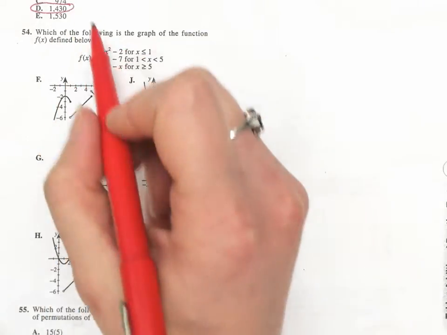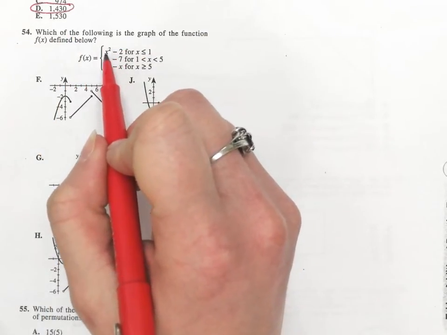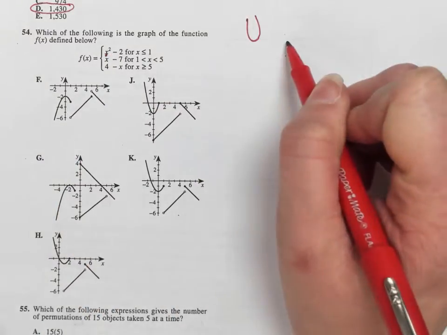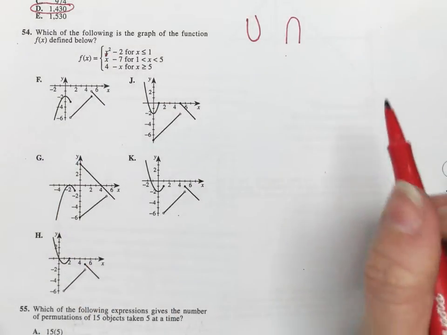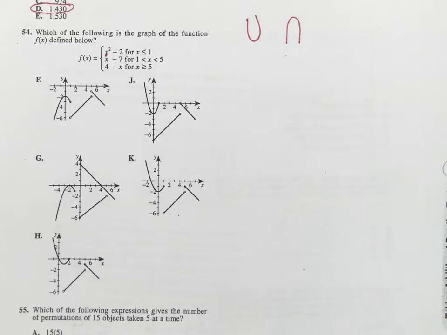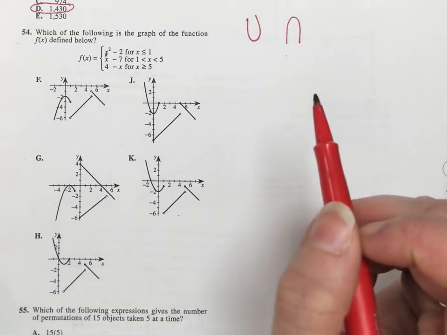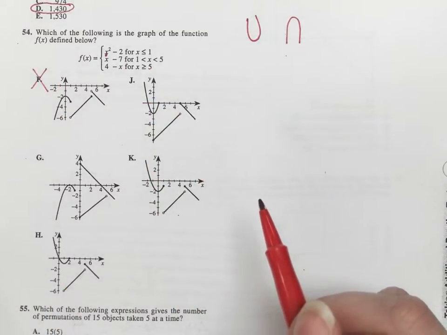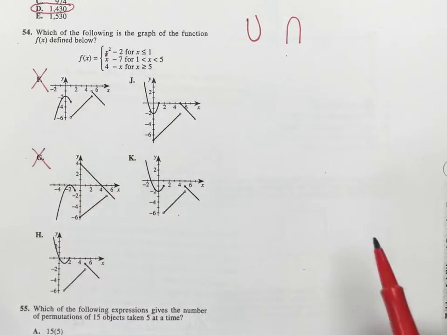Let's see. What's the graph of x squared look like? What kind of a parabola? A regular parabola or an upside down parabola? A regular parabola. Which ones can I mark out because they do not have a regular parabola? F. Come on, guys. I have more than one person with me today. Come on. F and G. All right.